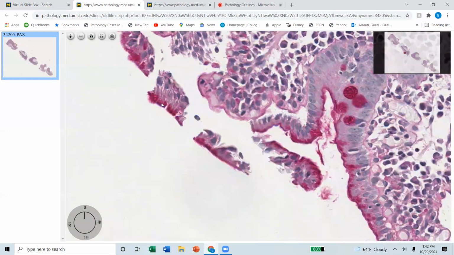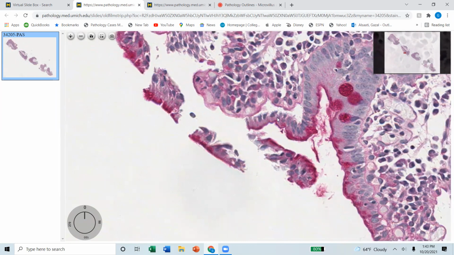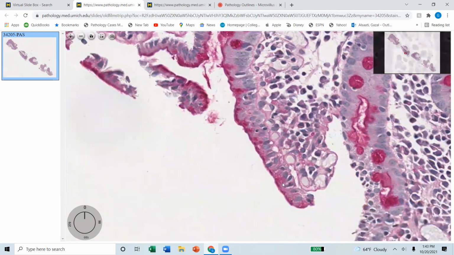See how, so these are the nuclei, this is the columnar epithelium, and this is what's supposed to be a brush border, and your PAS should only be positive at the top. Instead, we have a thick band-like thickening of the entire surface. I feel like this is how I'm going to describe it.